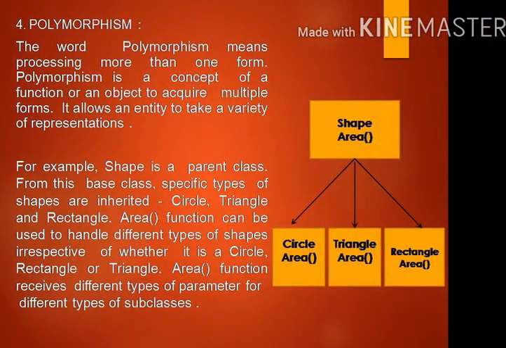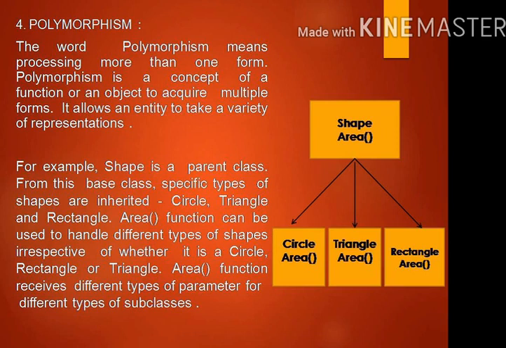The next slide is about polymorphism. The word polymorphism means possessing more than one form. Polymorphism is a concept of a function or an object to acquire multiple forms.